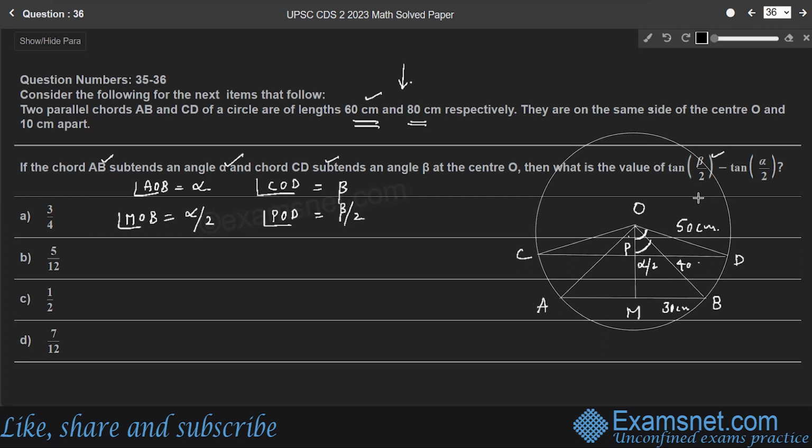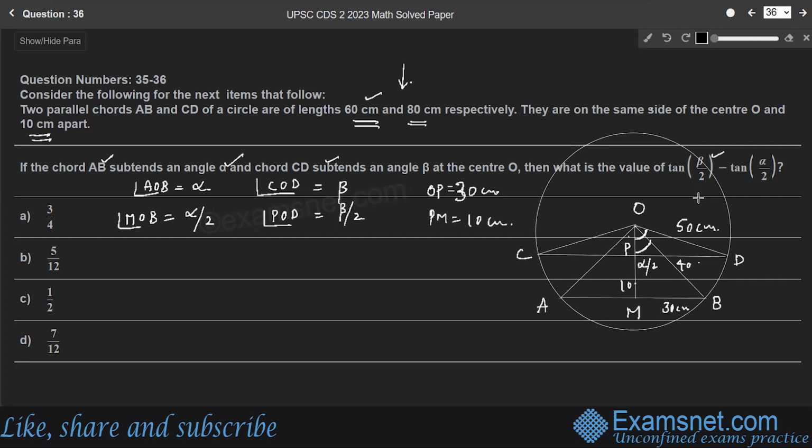In the previous question, we had calculated OP also, which was 30 centimeter. The distance between the chords is given as 10 centimeter apart, so PM is 10 centimeter.